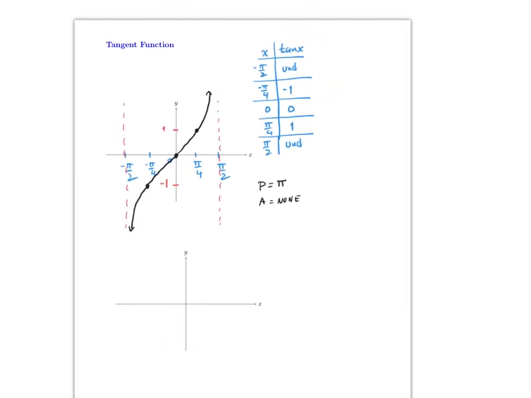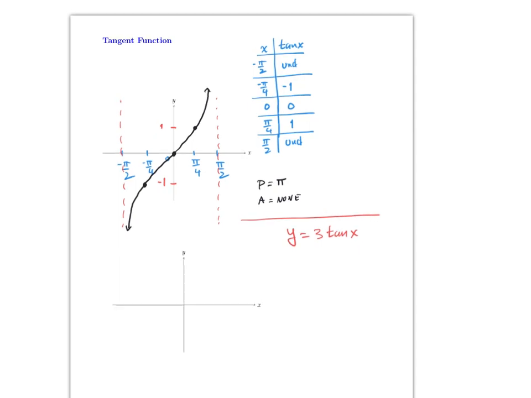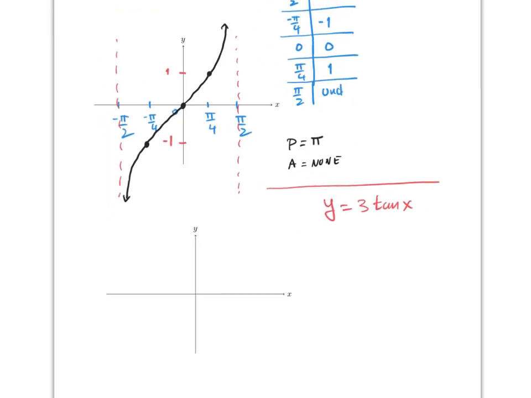Now, what would be the difference if I ask you to graph, let's say, y equals 3 tangent x? The only thing is that instead of this being 1, now this will be 3. This will be minus 3. Remember that that's not the amplitude, and these values will not change.